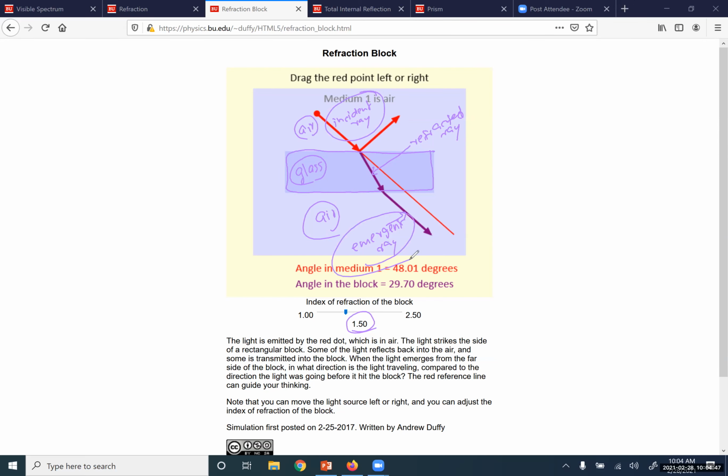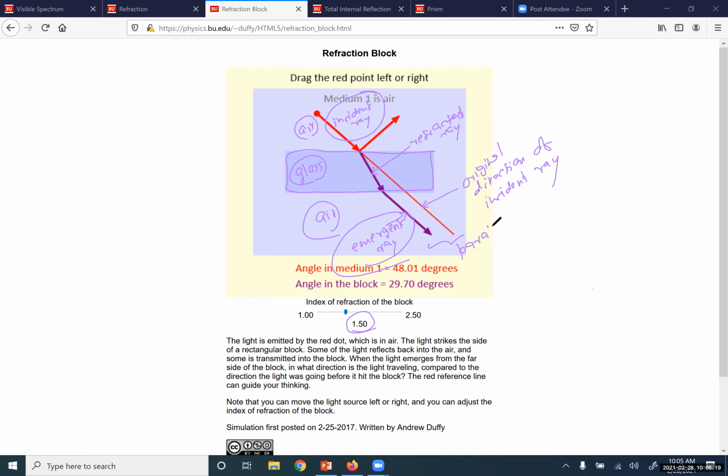If light passes through a slab of glass, we are assuming the sides are parallel, then this is the original direction of the incident ray. Then you see that the emergent ray and the original direction of the incident ray are parallel.